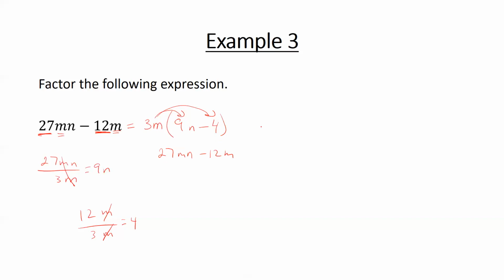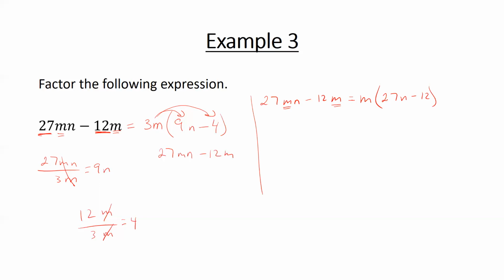Everything is good. A common mistake that some people make here is when you start with the original expression, 27mn minus 12m, some people may only notice that there's a common factor of m. Factor it out, leaving 27n minus 12. The problem is definitely factored because it's multiplication.